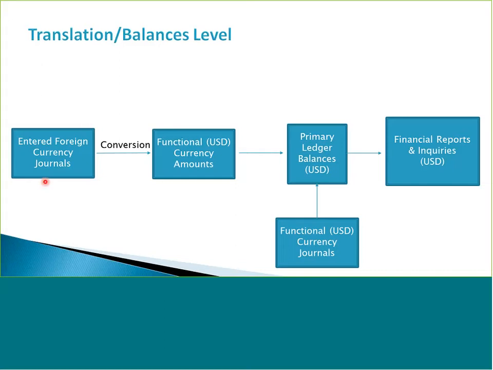When we enter foreign currency journals, they are first converted into the functional currency, and we have seen this process in action. They are converted using exchange rates that we provide, and then we post those journals, and the balances in functional currency are affected, and then we can run financial reports or do inquiries in the functional currency, which in our case is US dollars.